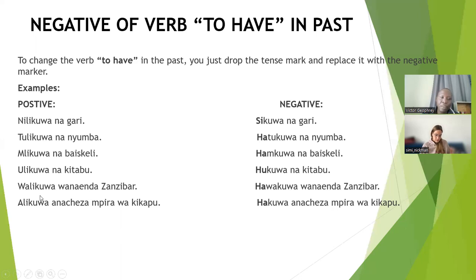For example, over here, if you say wanaenda Zanzibar, if you want to make it negative, how do you make it negative? Hawaendi Zanzibar. Remember when we said about the negative, if it ends with the a, it becomes e. Yes, hawaendi Zanzibar. A then changes to e in negative.